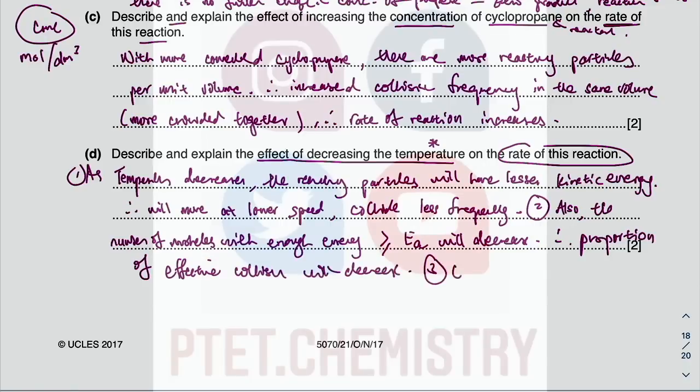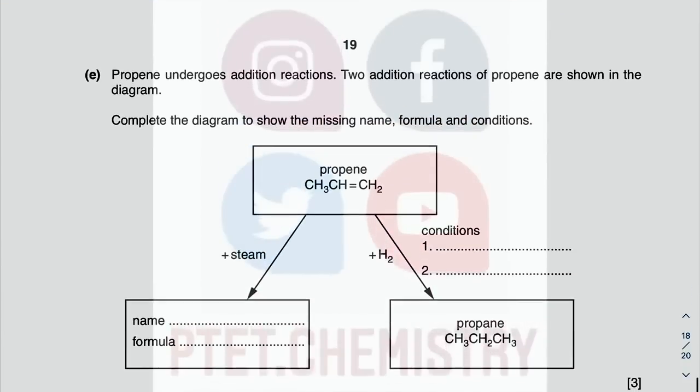Both of these contribute to the overall decrease in rate of reaction. People always think temperature is just to do with collision frequency, but it's actually two factors. Temperature also affects the distribution of energy: how much proportion of molecules have enough energy to overcome the activation energy. You have to complete all of that, otherwise you always have something missing in explaining the temperature effect on the rate of reaction.